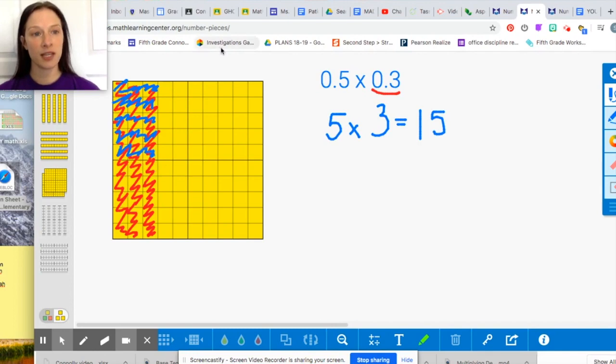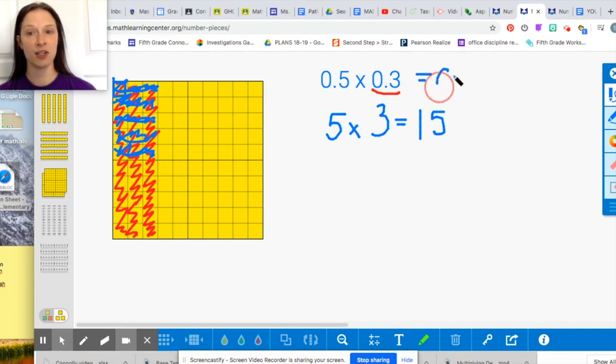So what do you see shaded in both red and blue? What is 5/10 of 3/10? Well, this is 100th, 200th, 300th. Now I'm going to count by threes: 300ths, 600ths, 900ths, 1200ths, 1500ths. Okay, so I see 1500ths in my representation.